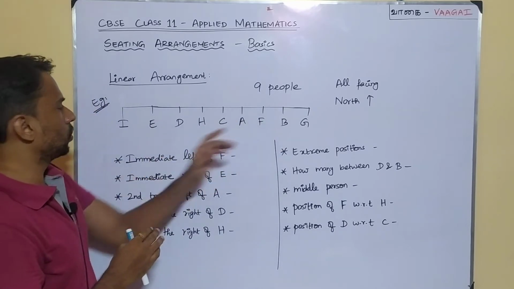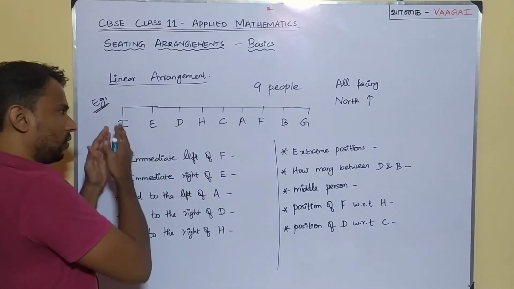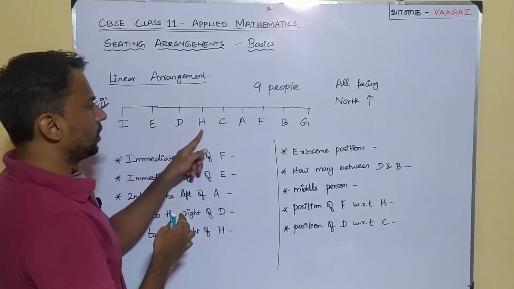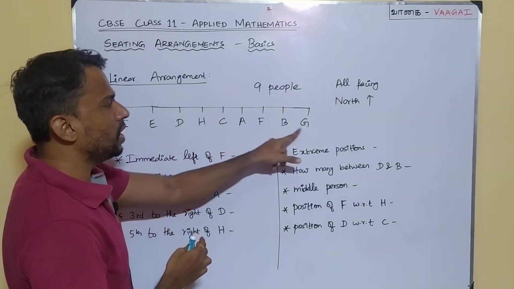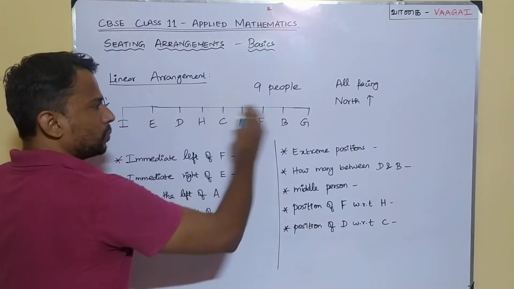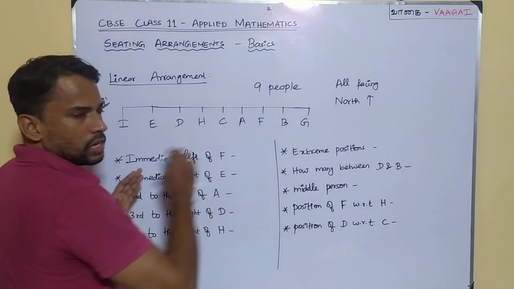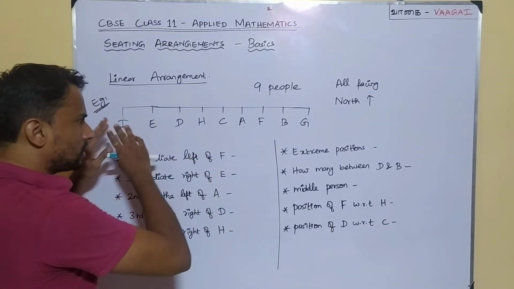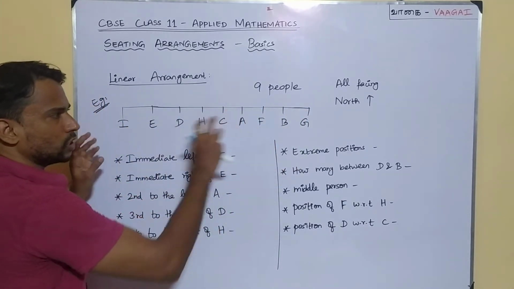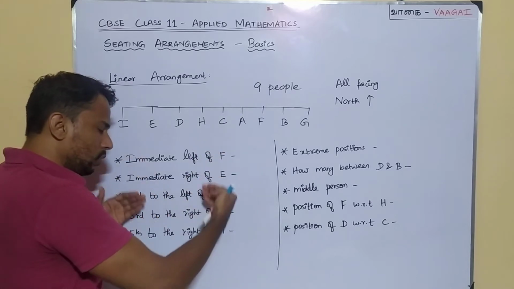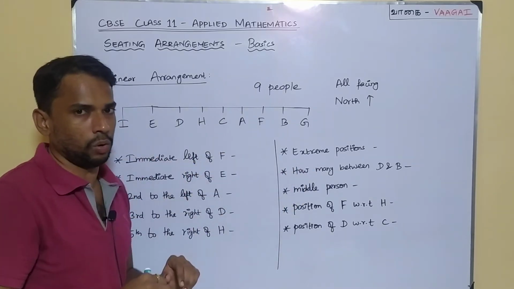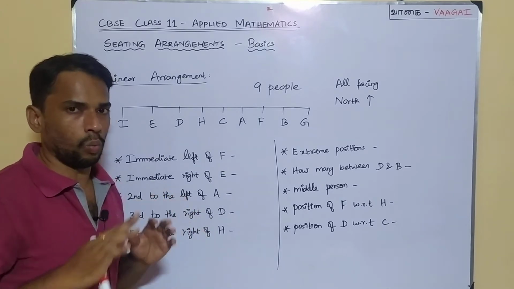The arrangement is: I is in the first position, E is next to I, then D, then H, C, A, F, B and G. This arrangement starts from I and ends at G, all in a random order. By taking this arrangement as fact, let us try to understand the questions asked below, and answer them one by one.